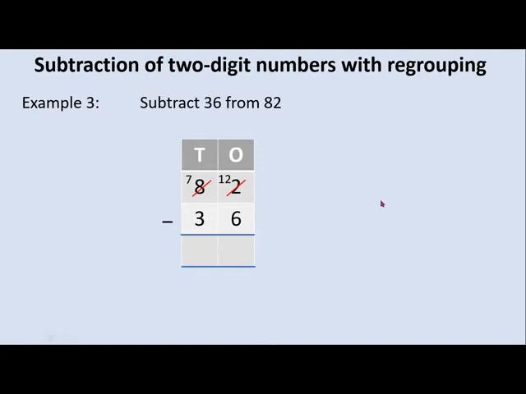Let us do that now. Now let me draw 12 vertical lines here. 1, 2, 3, 4, 5, 6, 7, 8, 9, 10, 11, 12.